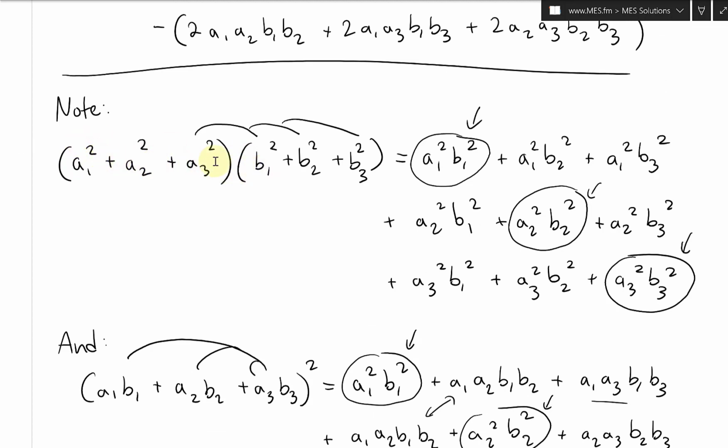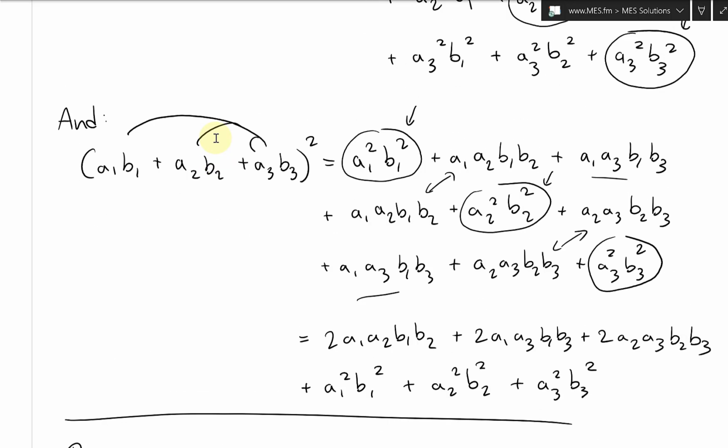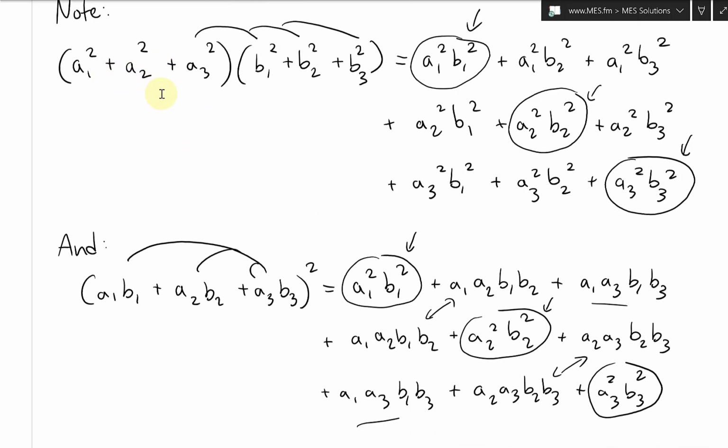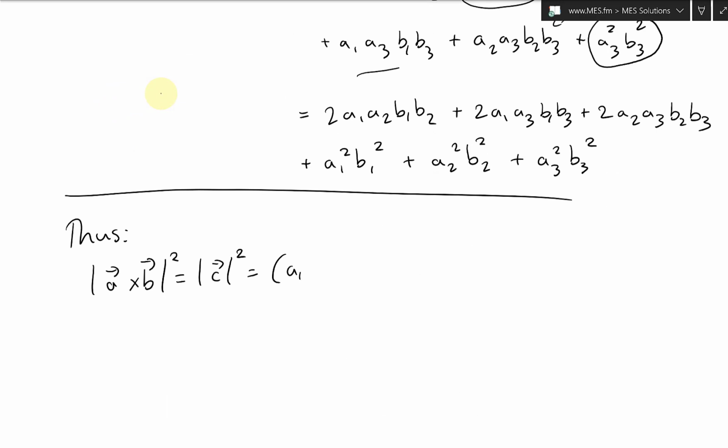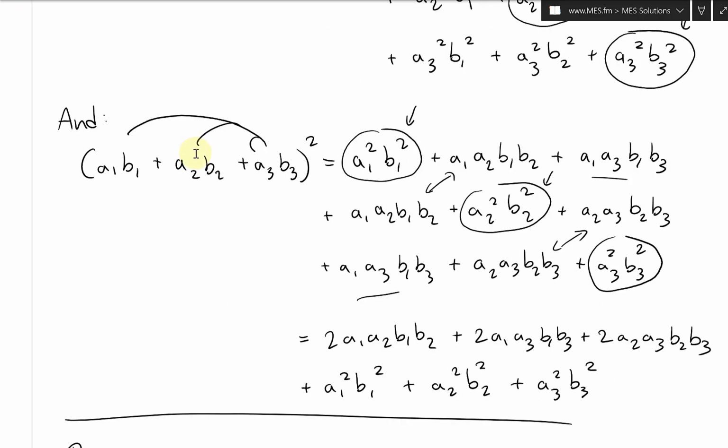So this is A1. Yeah, I'll write these all out. I'm going to write this out like this. A1, A2, yeah, so let's write these out. A1 squared plus A2 squared plus A3 squared times B1 squared plus B2 squared plus B3 squared minus this one here.